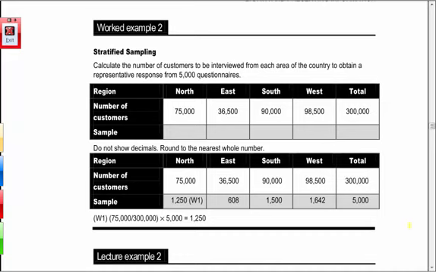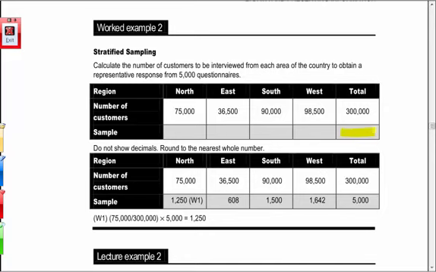What we need to do then is work out what the representative response is going to be, and we want to end up with 5,000 questionnaires in our total box, so we know that the total of our sample must come back to 5,000.